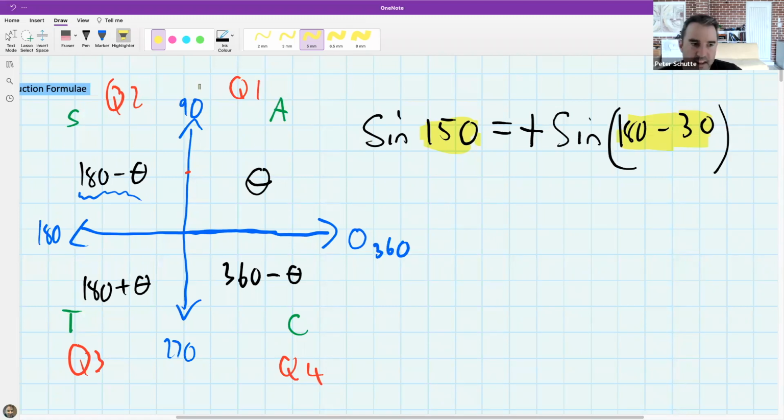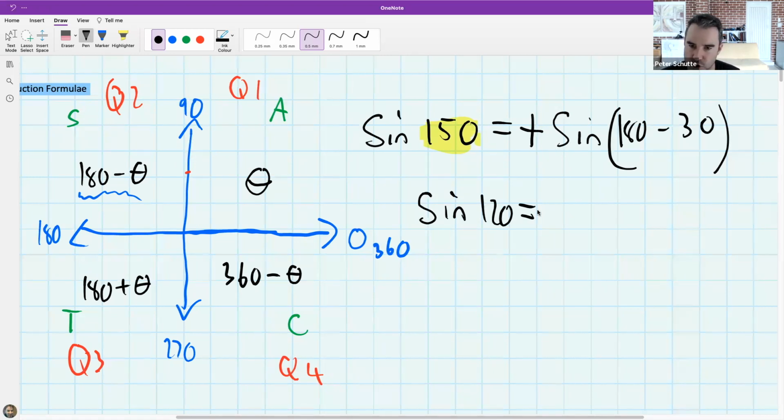Now, if you look at what this formula does, let's just practice this for a little bit. I said the sine of 150 is this, and I'll show you why this is true in a moment, but you're all happy with that. Now I want you to write for me, let's say, the sine of 120 using the same idea.